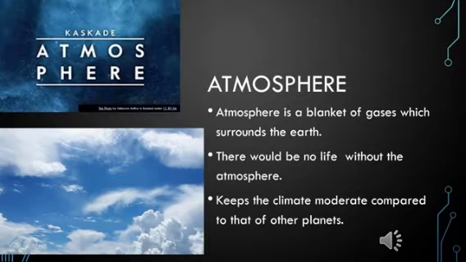So one thing is the climate is moderate, and the second thing is the atmosphere protects us from the ultraviolet rays that come from the sun. So the atmosphere plays a very important role for life to exist.